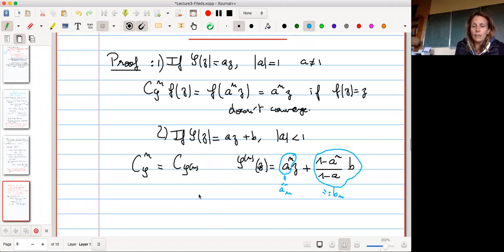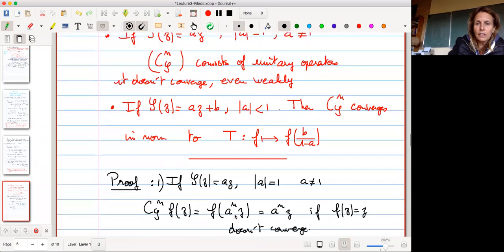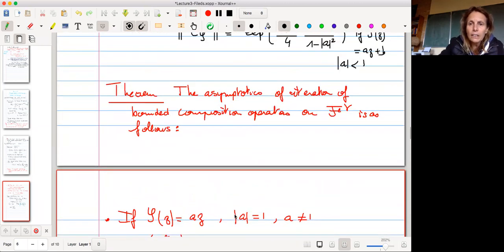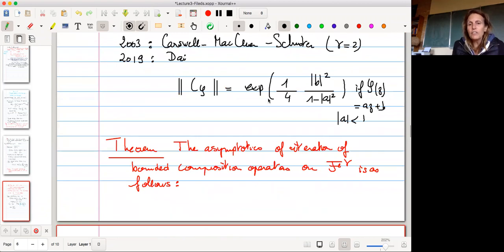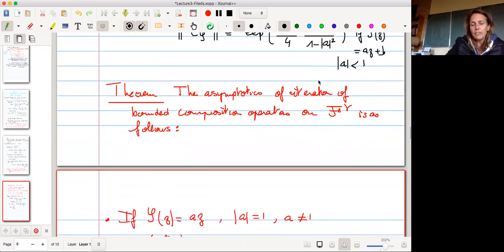And we know from the expression of the norm that when we look at bn square over 1 minus an square, we see that the norm of C phi is exponential of something like that. So you just have to compute bn square over 1 minus an square.